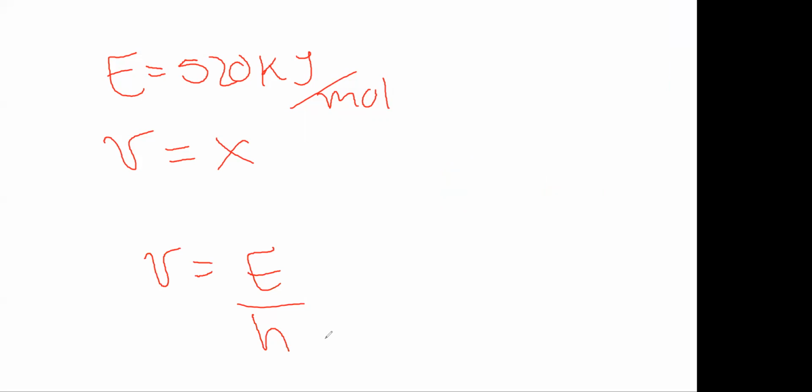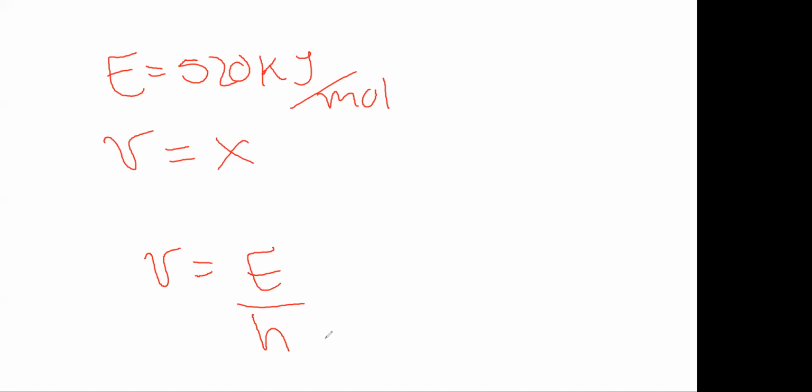So what are you going to do? How are you going to start this problem? Wait, before we keep going, I don't agree with the units for Planck's constant. What are the units for Planck's constant? Joules times seconds. Exactly.